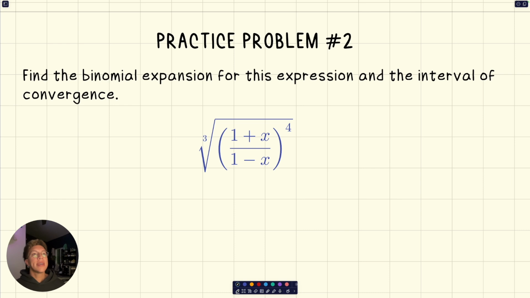So maybe at first glance, it looks kind of challenging, but if you see a few of these, they start to get easier. And what we can say is that this is 1 plus x over 1 minus x, all raised to the 4/3 power, like that.